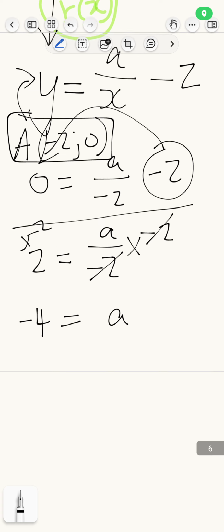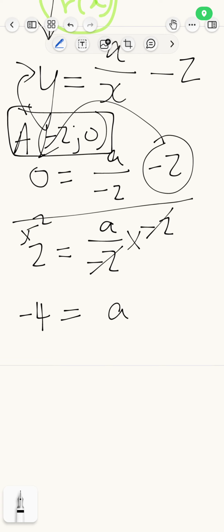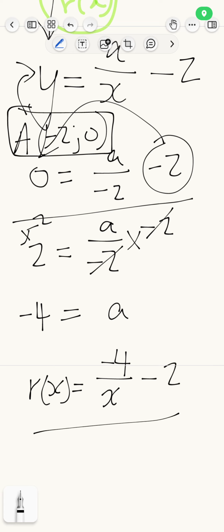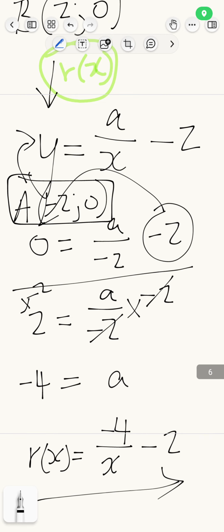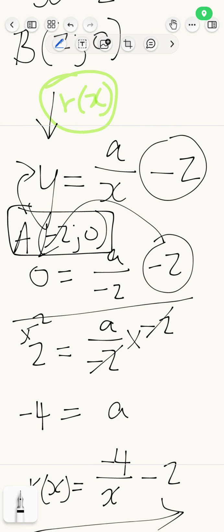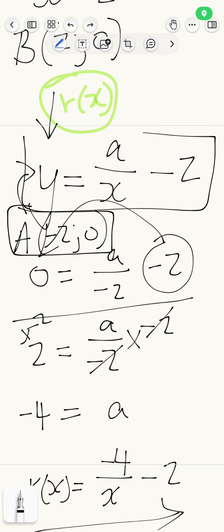So your equation is going to be r of x is equal to negative 4 divided by x, and your q value was minus 2. What did we just do? We got the q value from the earlier question that we solved. You had this equation which only had one unknown. The one unknown is a; x and y are variables.